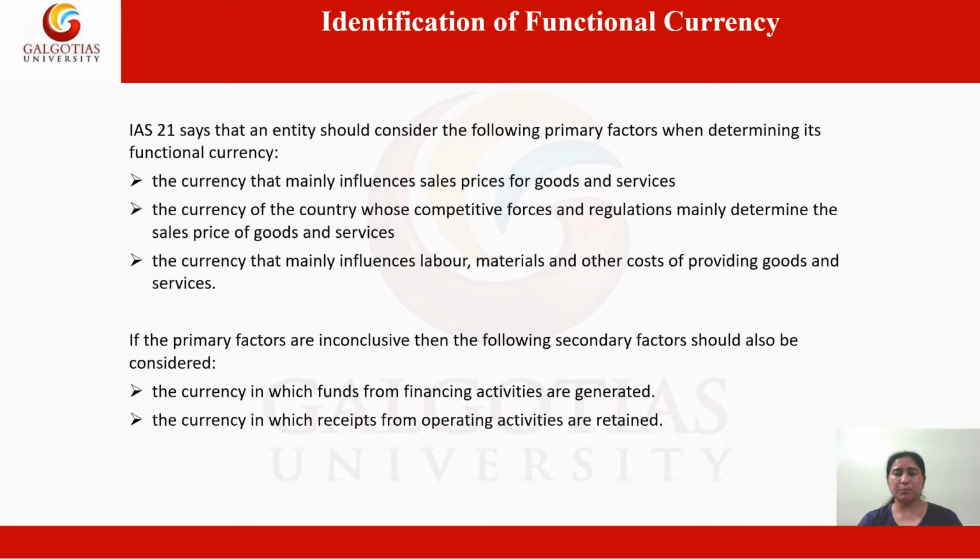The third point within primary factors is the currency that mainly influences labor, material, and other costs of providing goods and services. If the primary factors as provided above are inconclusive in identifying the functional currency for business entities, then the following secondary factors should be considered.